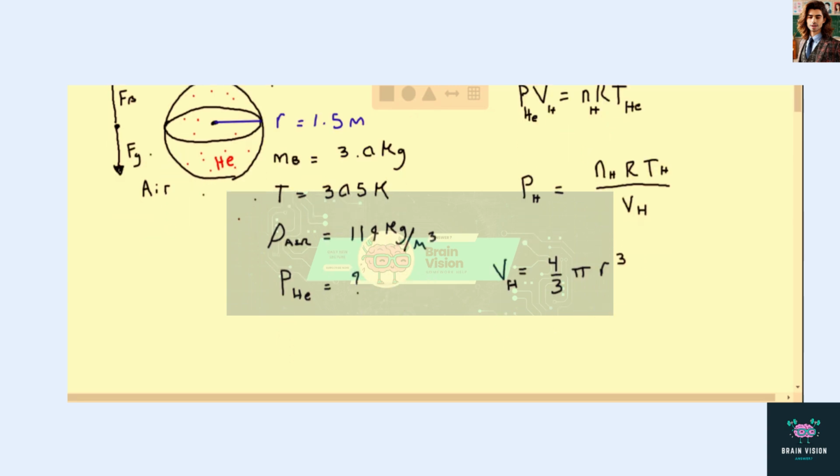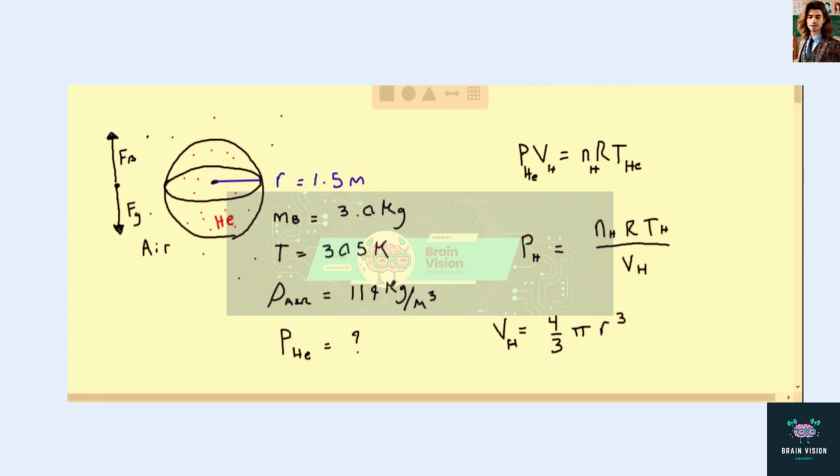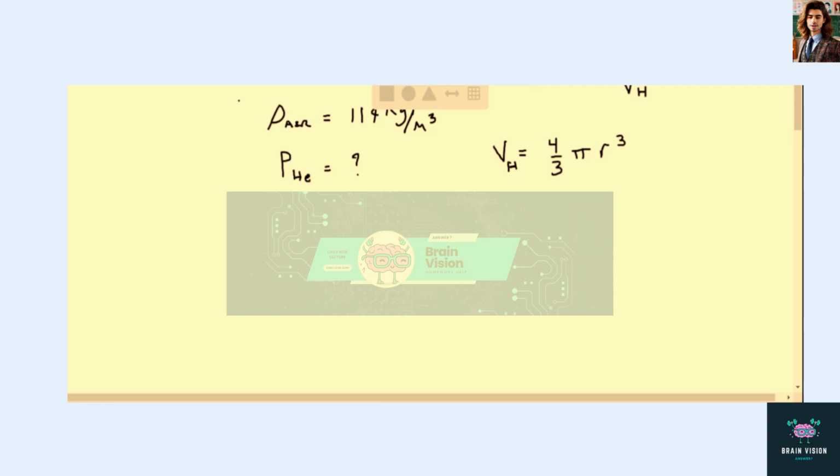So let's bust out this second equation here, which is going to come from Newton's second law. If I were to write Newton's second law for static equilibrium, we'd say the sum of all forces on our balloon is equal to 0. And our forces are the force of buoyancy pointing upwards, minus the force of gravity pointing downwards.